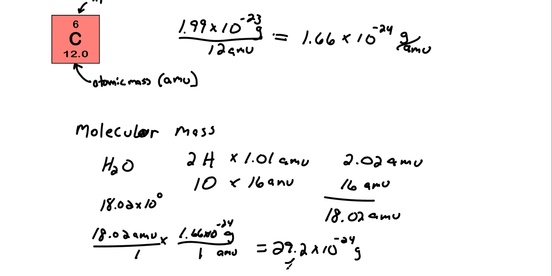That's not right. We have to move that decimal 1, so we end up with 2.99 times 10. Because we moved it 1, we have to add 1 to the exponent, so negative 23rd grams. So 1 water molecule weighs 2.99 times 10 to the negative 23rd grams. That's hard to work with, but 18 AMU is much easier to work with.